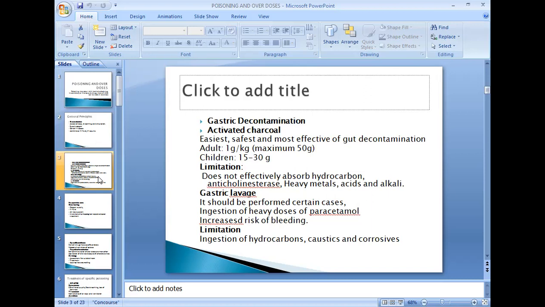We have another choice, gastric lavage, but it can be performed only in certain situations like ingestion of heavy doses of paracetamol, or in cases with increased risk of bleeding. But it also has limitations. It cannot be used for hydrocarbons, caustics, and corrosive agents because it can further harm the esophageal tract.